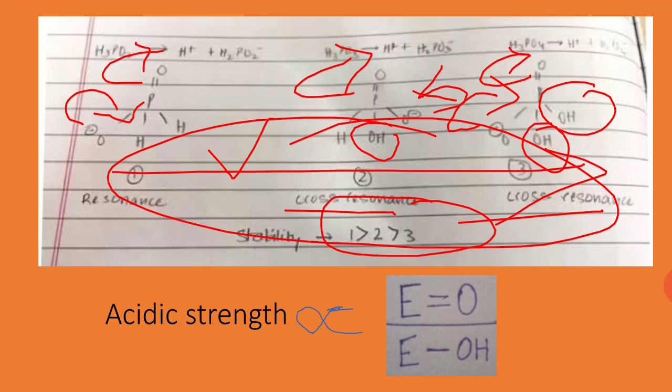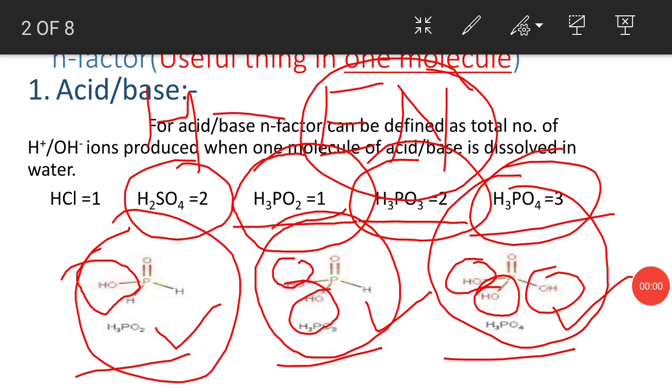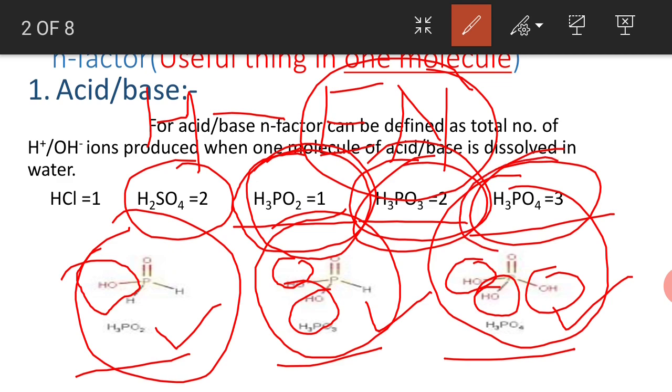So from here, the most important thing we can say is that the N factor has no relation with the acidic strength of acids. Because if we see here, the N factors of these oxoacids are just opposite to the order of stability of their conjugate bases.